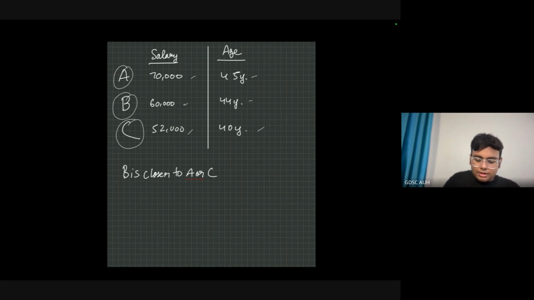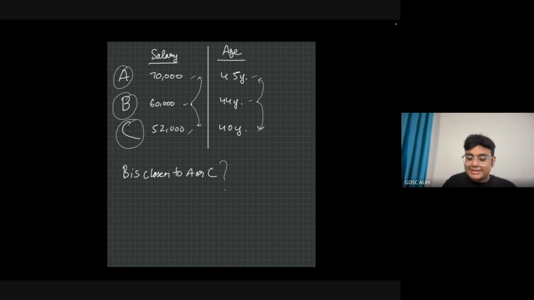Now, in a normal machine learning model, we want to understand whether B is closer to this or this. Is B closer to A or C? How would you do that? Because you do not have a particular way to compare, right?